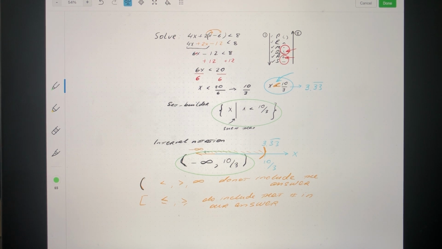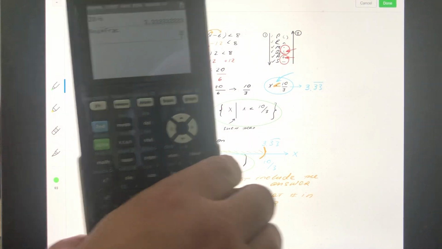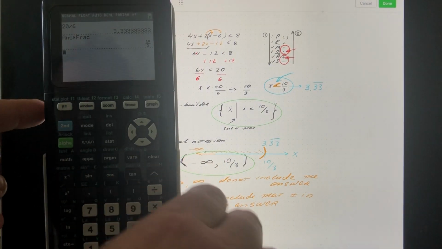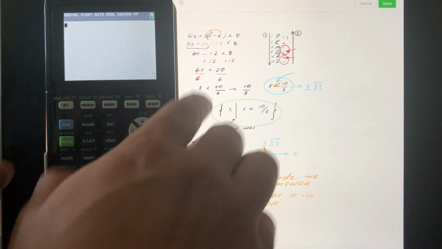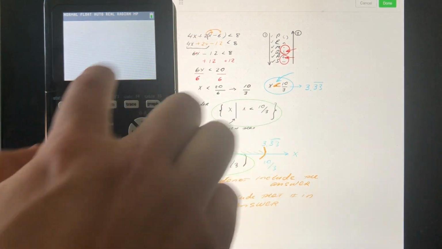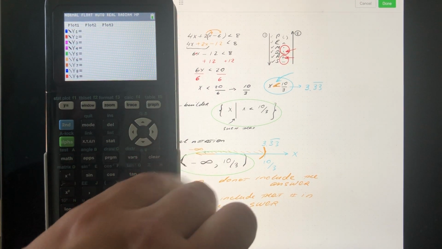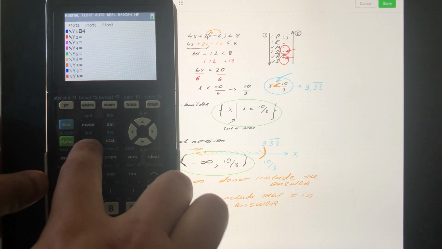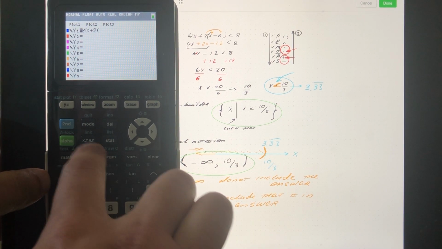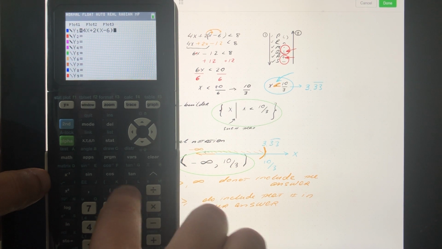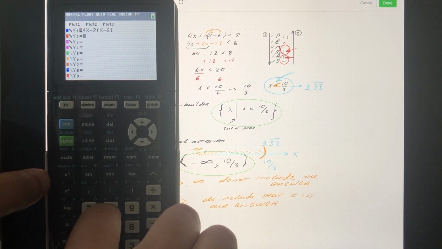Now, with a calculator, we have a few options that we could use. One of them is we could make a sketch of both sides. So in the y equals, here we can type in 4x plus 2 times the quantity x minus 6, and then the second half is 8.